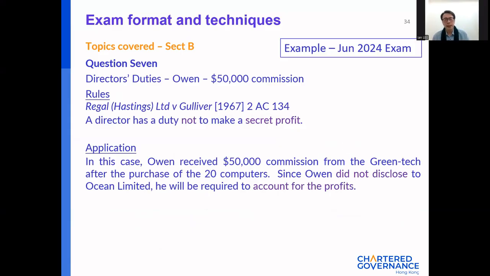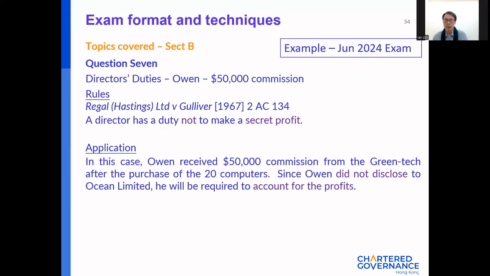Okay, the next sub-issue to discuss in terms of directors' duties is the $50,000 commission received by Owen. Based on the Regal Hastings case, a director has a duty not to make a secret profit. Directors are acting for the company and should be acting in the interest of the company, and should not be using that position to derive some secret profit for himself or herself.